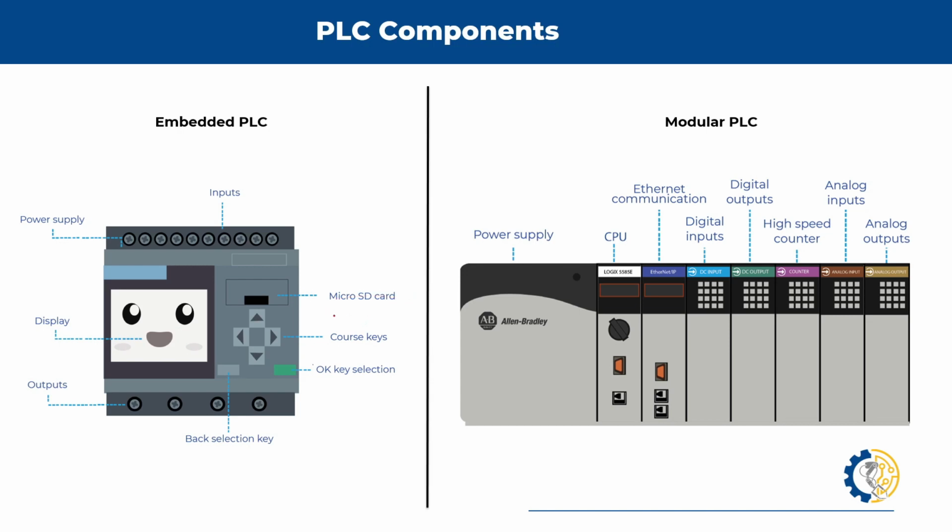Our micro SD card for our embedded PLC, as we can see here. It's this little slot, but it also changes across our different brand devices. Now, like this Allen Bradley PLC, the PicoLogix. As I had said, here on the bottom part, it has a jumper system because this is a very old system.